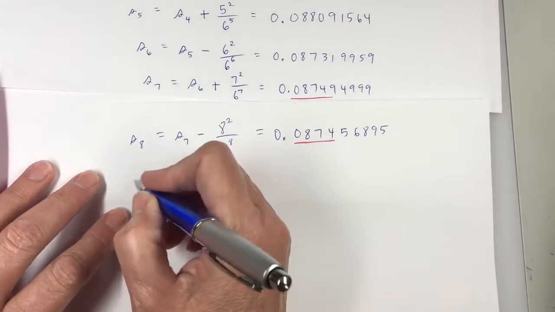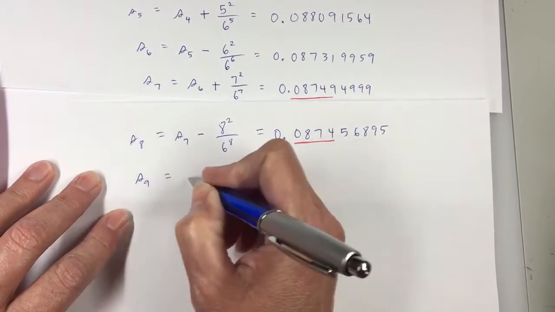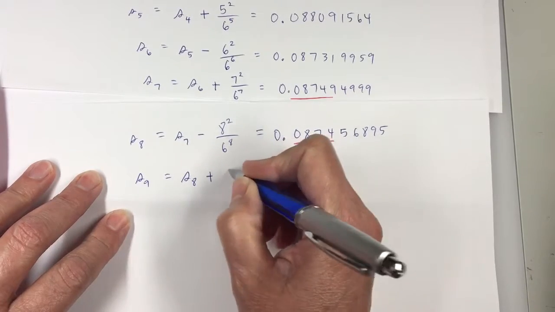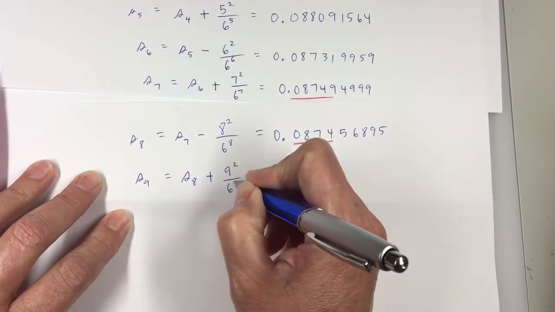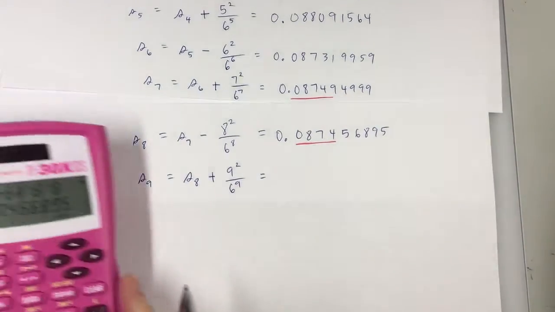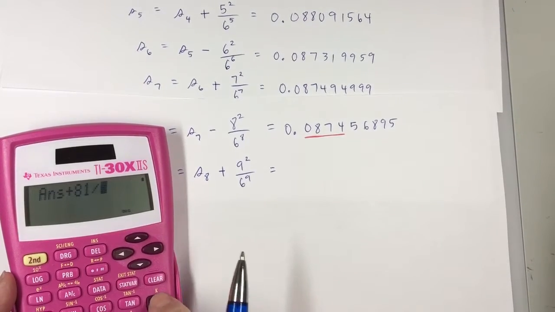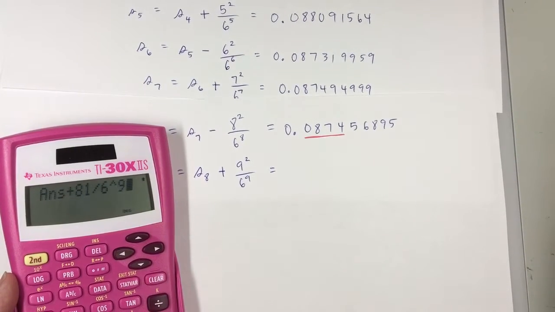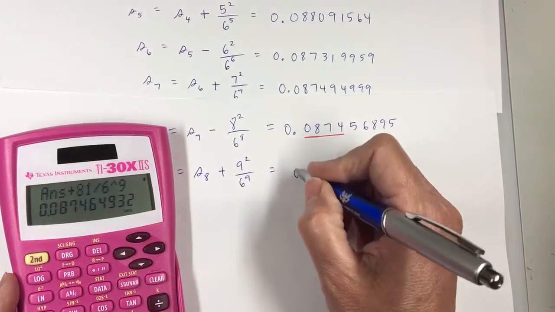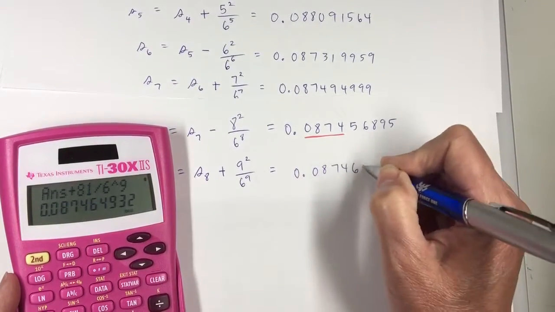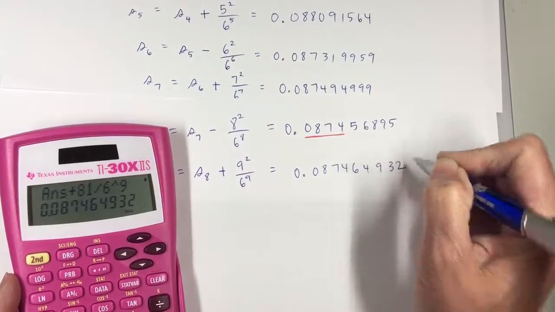And if you like, you could say, well, let's find S sub 9 for fun. S sub 9 is S sub 8 plus 9 squared over 6 to the 9th. So I'll do plus 9 squared is 81 divided by 6 raised to the 9th. It would be 0.087464932.